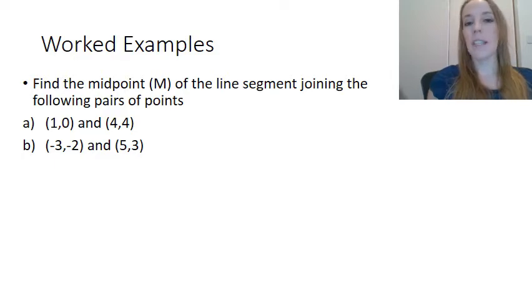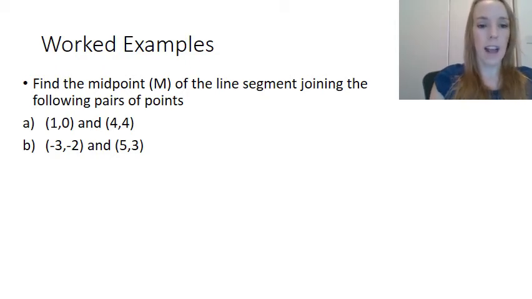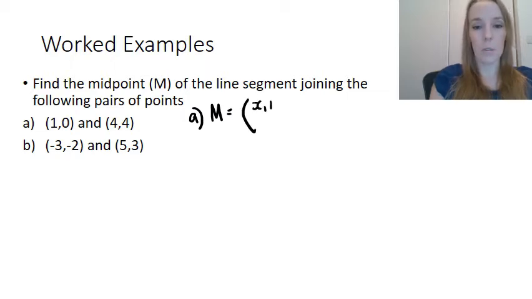Okay, so we'll see some of this in action. We're going to find the midpoint of the line segment joining the following pairs of points. So for A, we want to find the midpoint. Remember, midpoint is M, and then our formula: x1 plus x2 divided by 2, so our average, and our second point, which is our y value, is y1 plus y2 divided by 2.